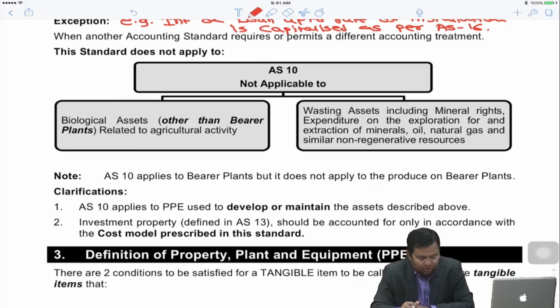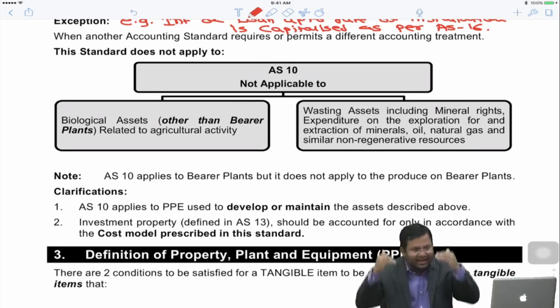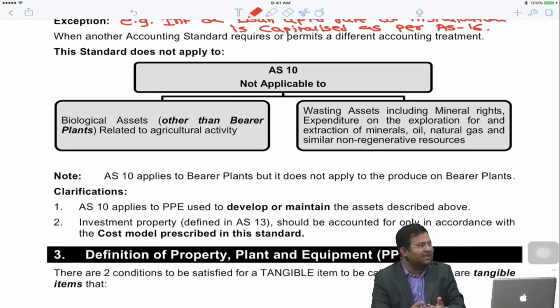It is not applicable to, I'll come up on this, have patience, it's a very important point to understand. It is not applicable to wasting assets including mineral rights. Wasting assets are assets which keep on declining, like natural resources, they are limited. You find a mine for coal, अब उसके अंदर coal कितना एक limit होता है. It's a wasting asset. Slowly over a period of time, the quantity of coal is going to decline.